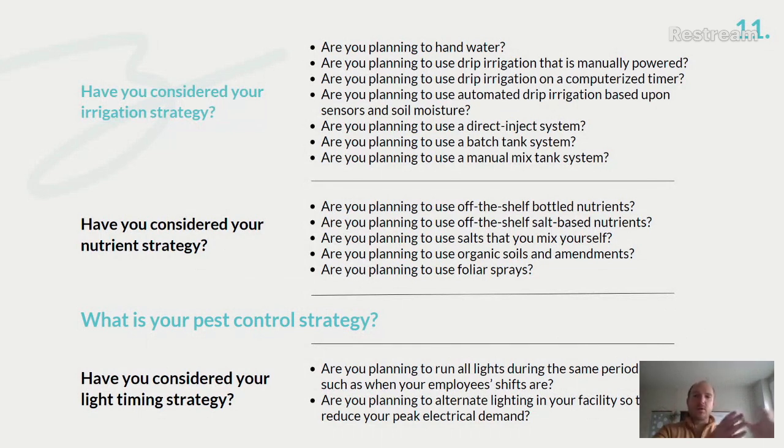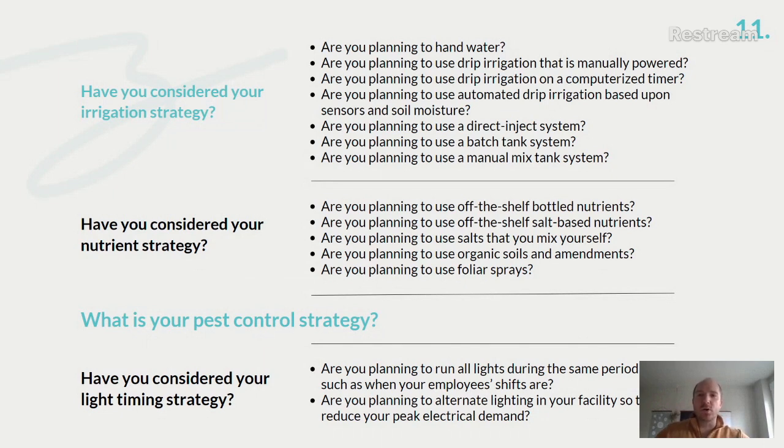While that's the most computerized and most advanced, some argue that it's the best for yield and cannabinoid content and to be able to reduce your labor load. Others are staunch opponents of going with hand watering because there's a greater level of quality control. Each individual gets more eyes on the plant. Understand that these decisions here will affect your operational expenses.